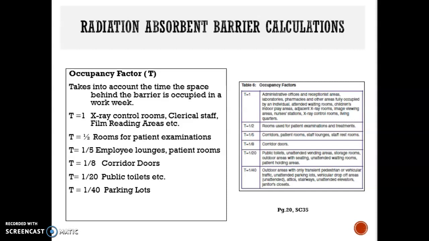The X-ray control area, where people are constantly in that area, like clerical staff, people reading the images, or technologists hanging out in the control room, is occupied way more. So it's given a higher value than the parking lot, where you would hardly have any person or people exposed to the area, and so the barrier value is reduced.